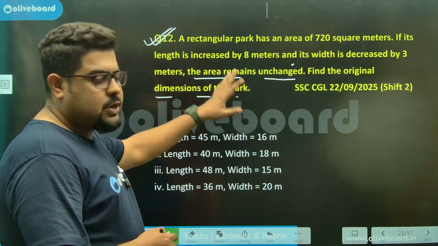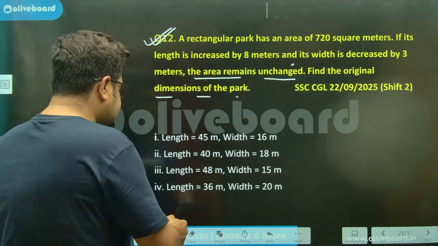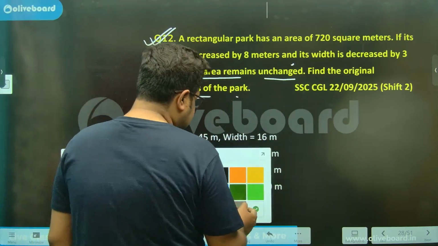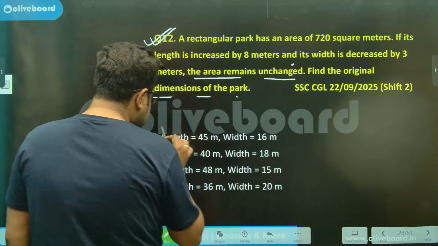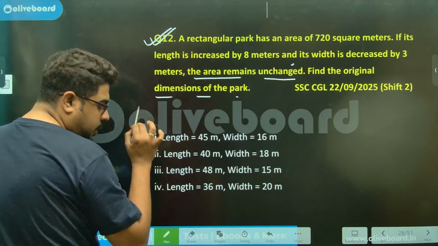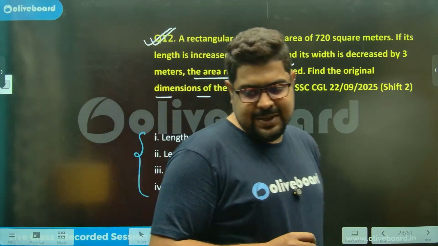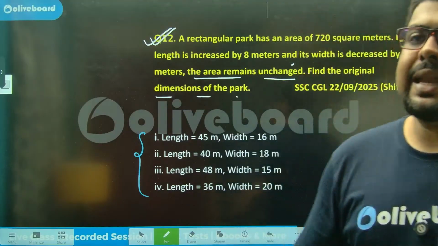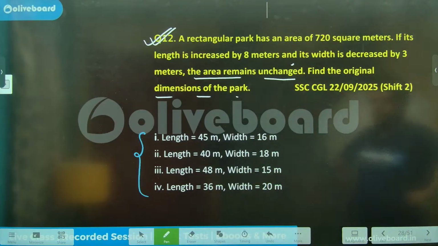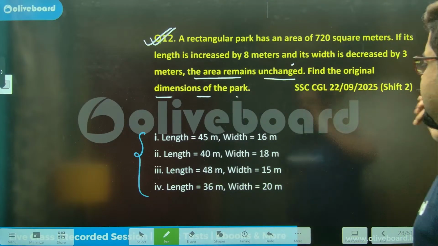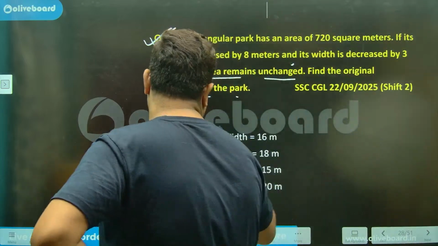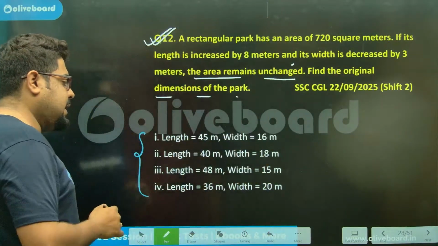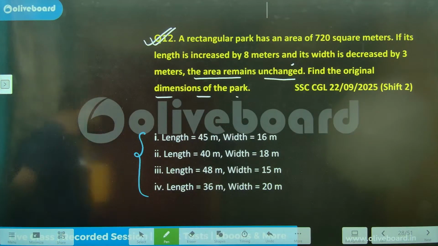But if you want to save a little time, always try to use the options to your advantage. Let's see. 45 and 16, 40 and 18, 48 and 15, 36 and 20.